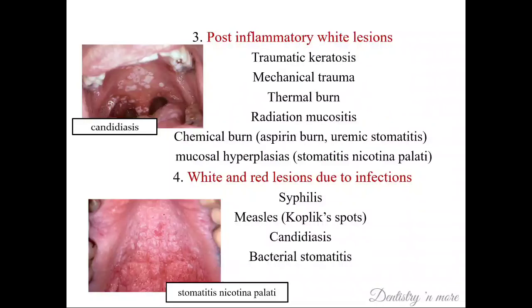Then the inflammatory white lesions: traumatic keratosis, mechanical trauma, thermal burn, chemical burn, as well as radiation mucositis. Then the red and white lesions caused by infections, which can be bacterial or fungal: syphilis, measles, oral candidiasis, and bacterial stomatitis.